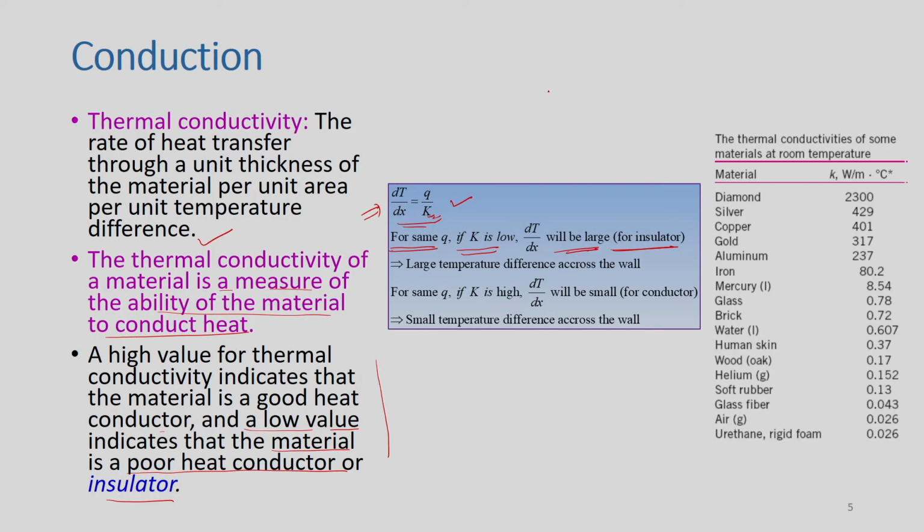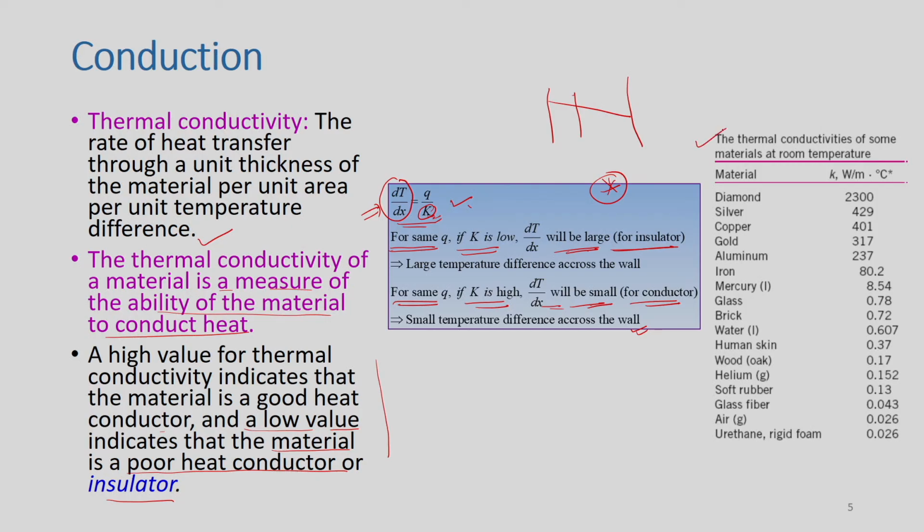If we take a wall here, this temperature difference will be very large. And for the same q, if k is high, then dT by dx will be small. So, this is valid for a conductor, right. Because of that, a small temperature difference exists across the wall. Okay. So, this is very, very important, which can give an idea about the difference between conductor and insulator.